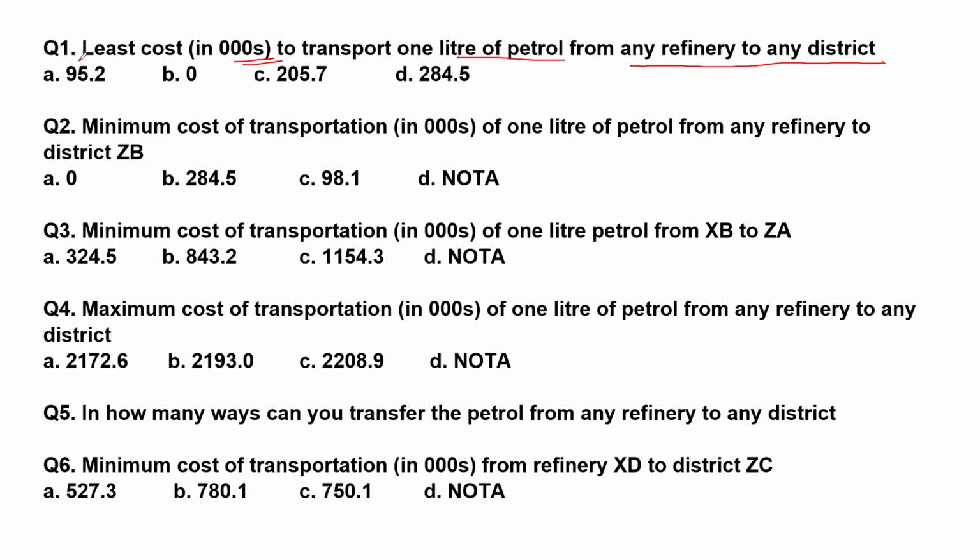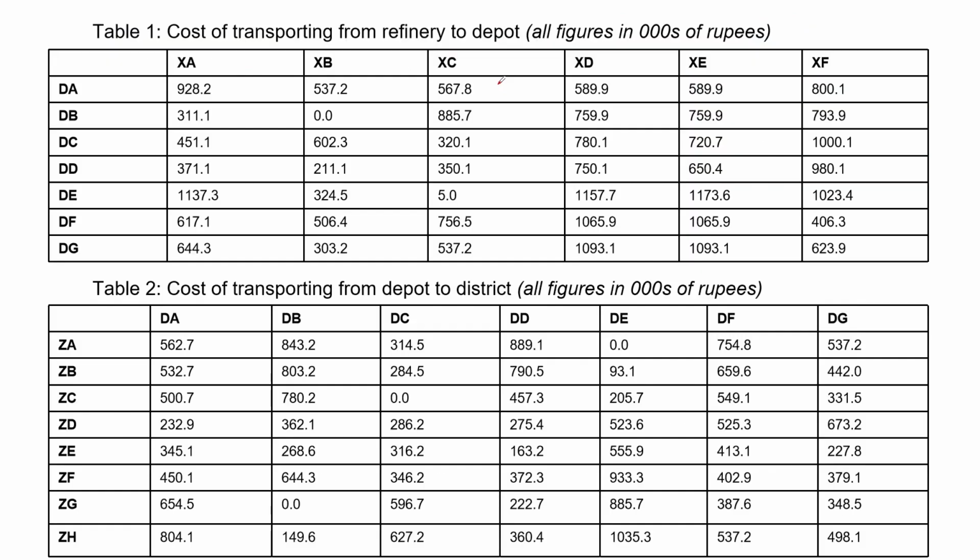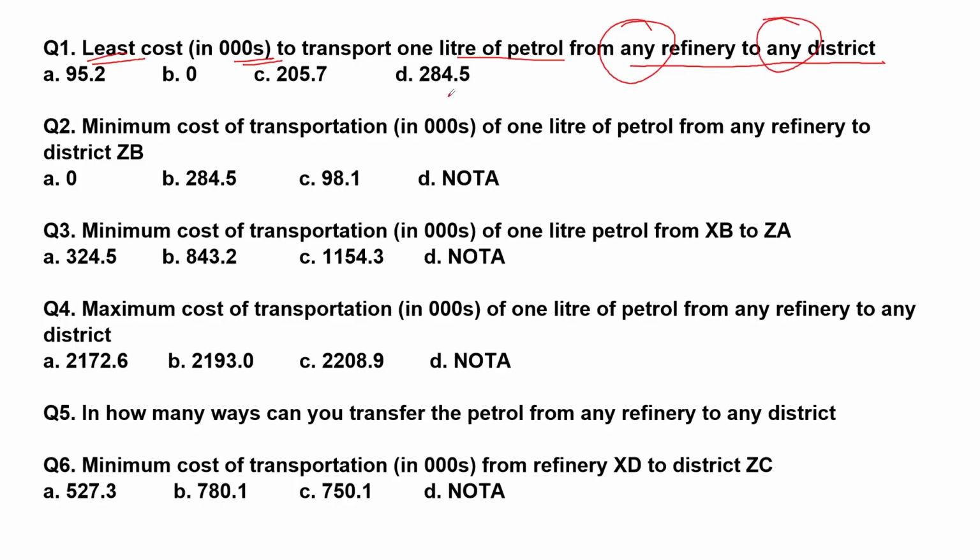You have to find the least cost from any refinery to any district, and the options are already in thousands. The first table is from refinery to depot and then from depot to district. I have to find the minimum cost, with no conditions or constraints.